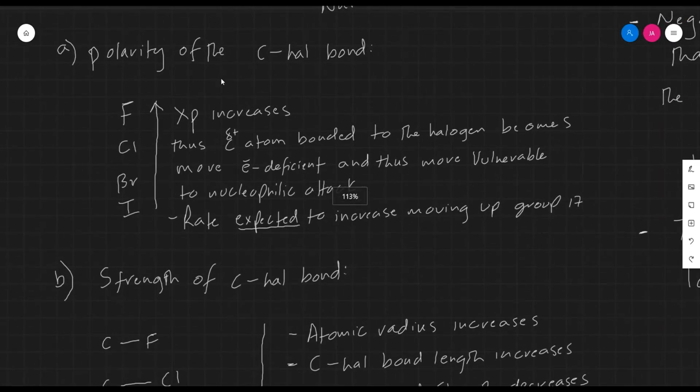As you move up group 17, as seen here, iodine, bromine, chlorine, fluorine, the electronegativity increases. Thus, the carbon atom bonded to the halogen becomes more electron deficient and thus more vulnerable to nucleophilic attack, as I stated previously. Thus, the rate is expected to increase as you move up group 17.